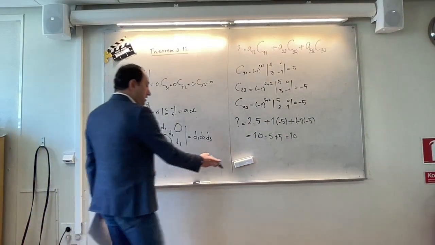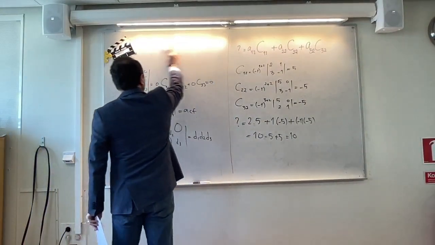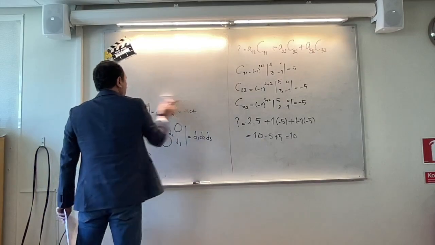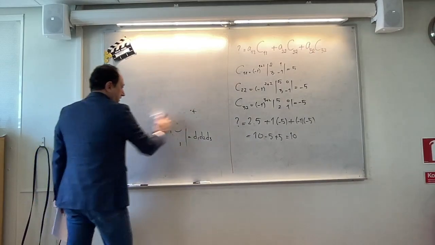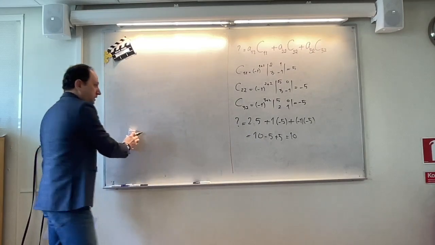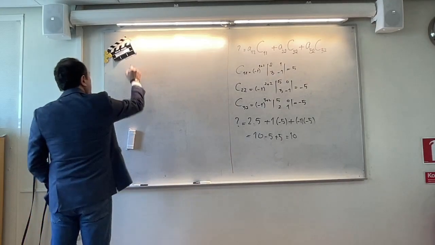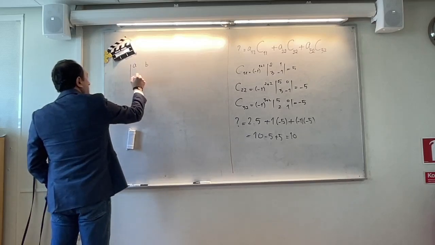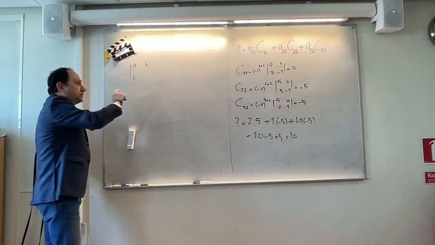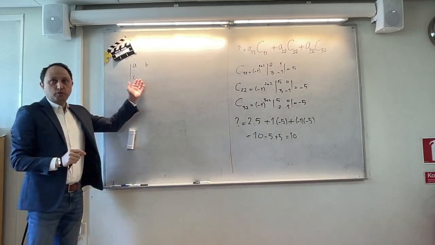So the next theorem is a very nice theorem. Let us start with this idea. For example, I give you a matrix. Let us start with 2 by 2. By the way, I hope that you understand what I say about a 2 by 2 matrix.